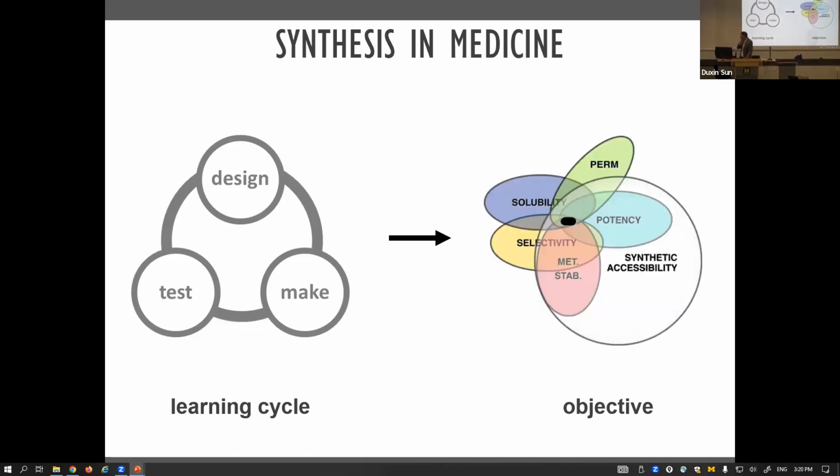I like to think of it like this, where we are steering towards a population of molecules that satisfy multiple parameters. So let's imagine that a drug molecule exists somewhere in a property space or in an experimental space as this black dot at the center of this Venn diagram.